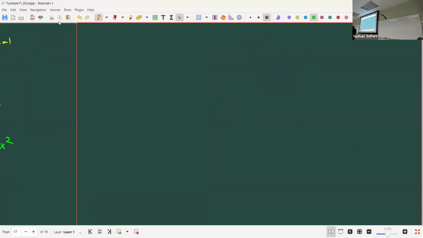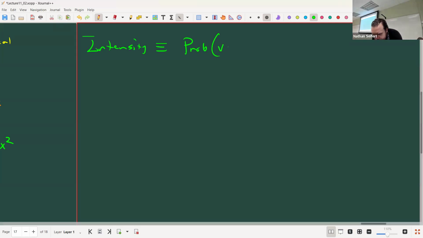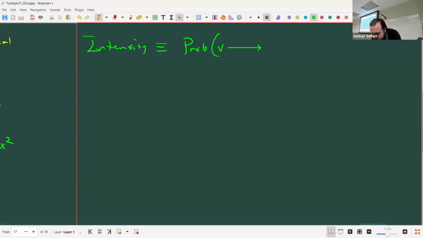when we asked what's the intensity of a line in the particle in a box. The probability that you take a system from one level, shine light at it, and end up in another level, those are the intensities of the lines. So the intensity is equal to the probability that I go from v to some level k using light.